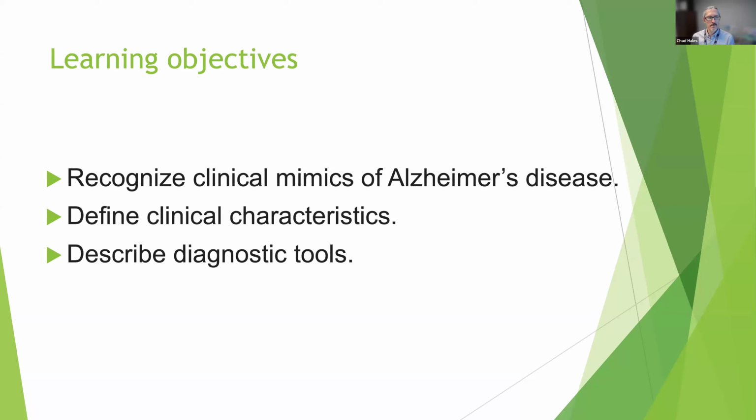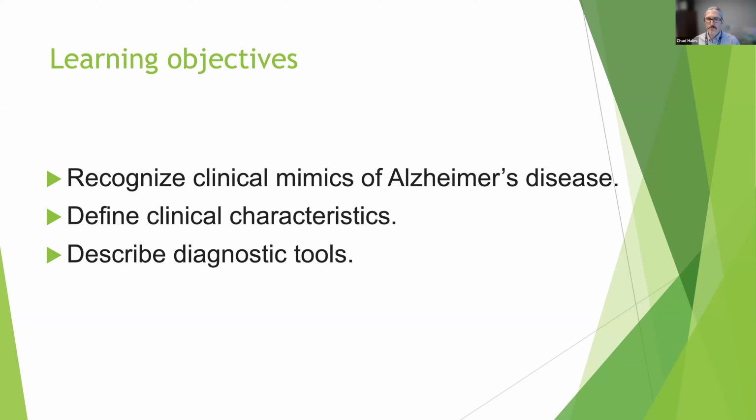But my goal, by the end of this discussion, is to show a few other causes that may look like Alzheimer's disease, not to frighten you, but just to make you aware, so that when you are seeing patients, you might take half a second here and there to say, is this Alzheimer's or could it be something else? So the goal will be to recognize these clinical mimics, maybe define a few clinical characteristics, particularly related to age, and then describe some diagnostic tools that might help you as you're trying to discern whether or not it's Alzheimer's disease or something else.